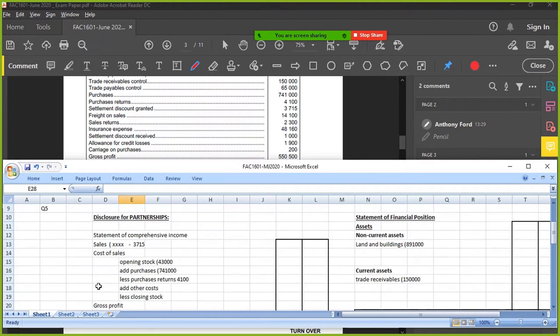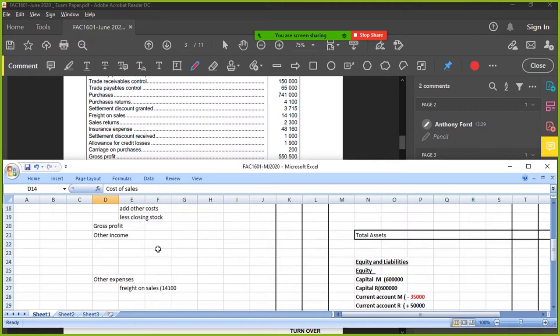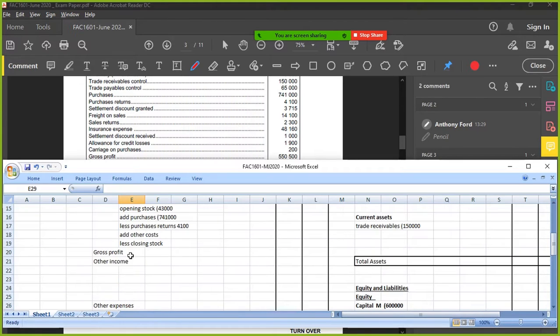Sales returns, they'll take it off sales. Sales returns, 2300. Okay, insurance expense, 48160. Settlement discount received, they're going to take it off purchases, minus 1000.